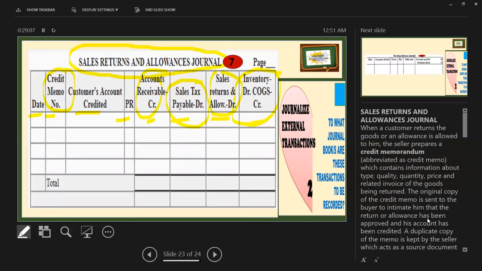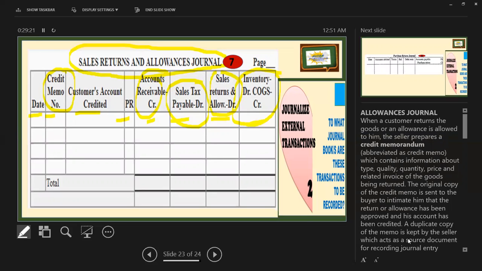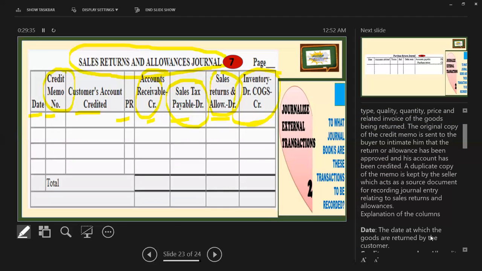The original copy of the credit memo is sent to the buyer to inform him that the return or allowance has been approved and his account has been credited. A duplicate copy of the memo is kept by the seller, which acts as a source document for recording journal entry relating to sales returns and allowances.